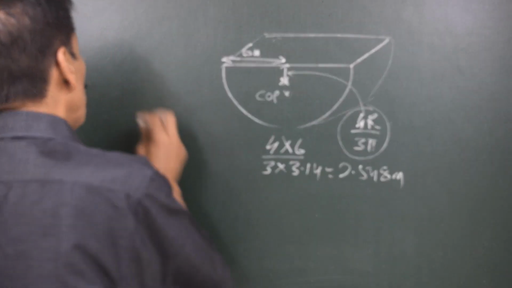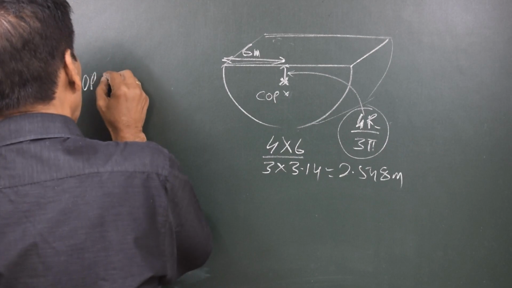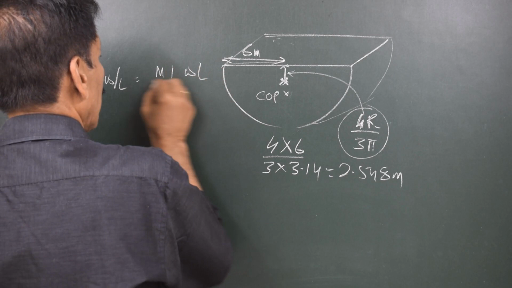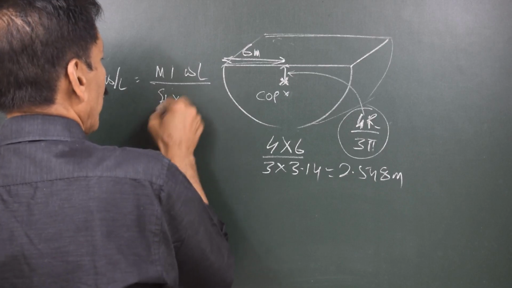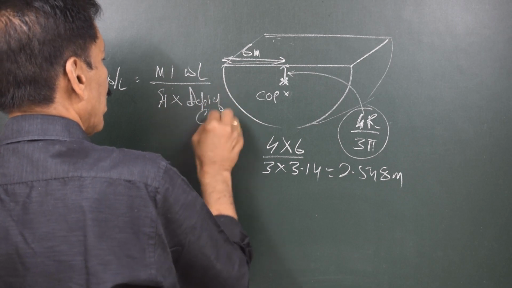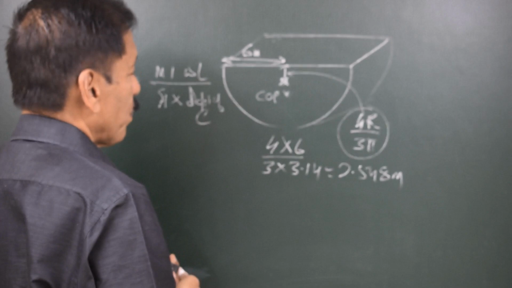Now we have the usual formula that COP below water level is equal to moment of inertia about water level divided by the area multiplied by depth of geometric centroid. So what is the moment of inertia about the water level?